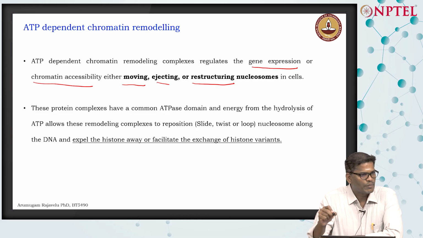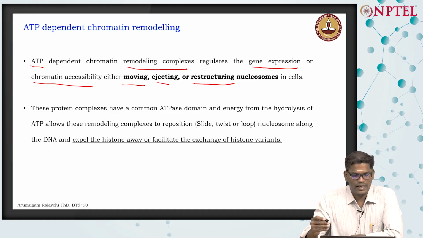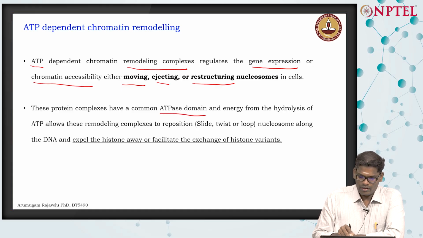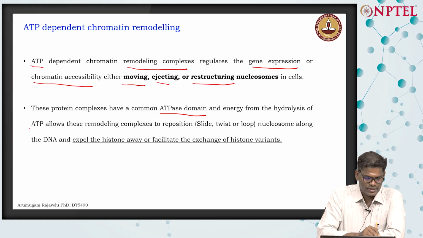Because the DNA is wrapped on the histone proteins, the DNA needs to be accessible for gene expression. For this purpose, the group of proteins uses ATP as energy and either moves the nucleosome on the DNA or removes, ejects, or even restructures it. That means it can add a new isoform of the histone proteins and remove the old one. There is a feature common to all these ATP-dependent remodelers: all have the ATPase domain, which uses energy by hydrolyzing ATP.